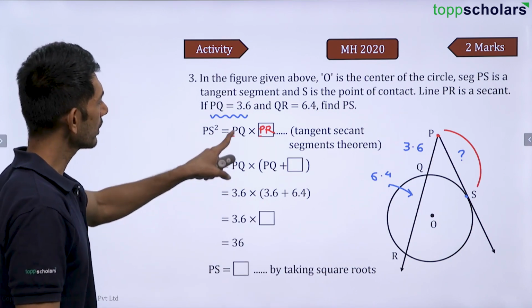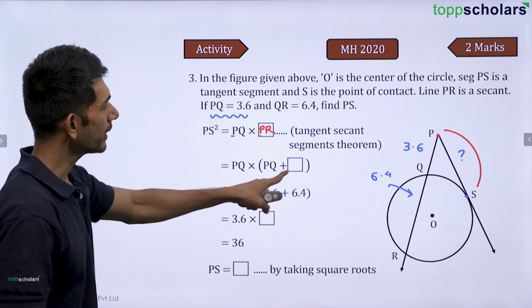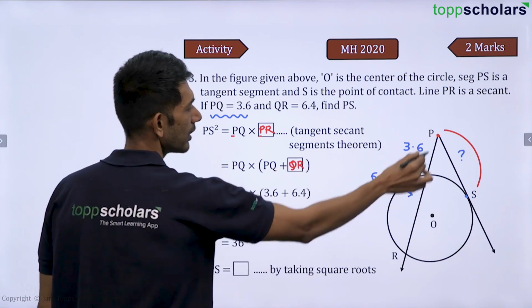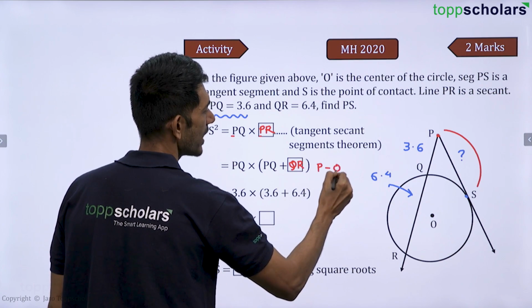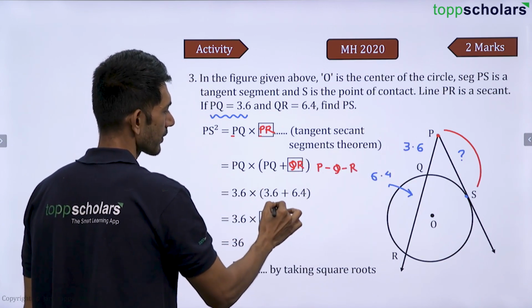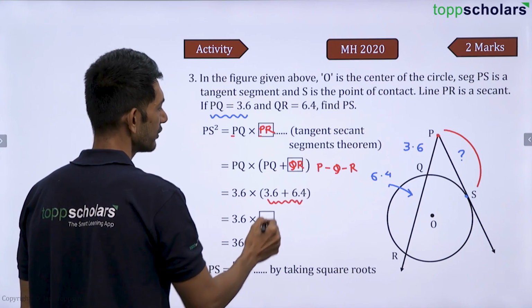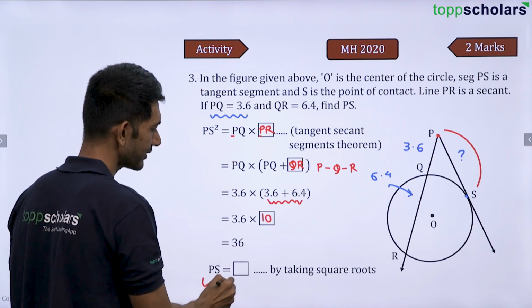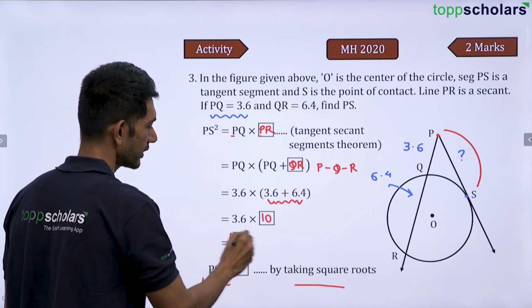So PQ is as it is. PR is PQ plus QR. And then you add, this becomes 10, and this becomes 36. And then the square root of 36 is 6.